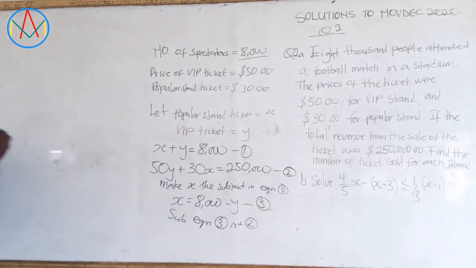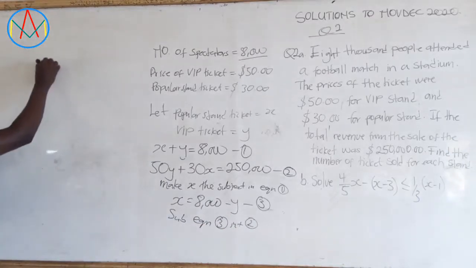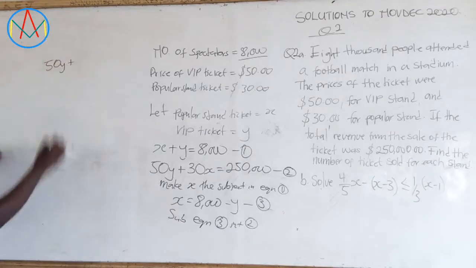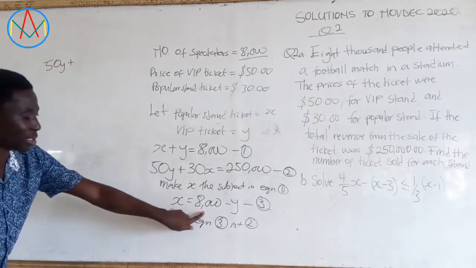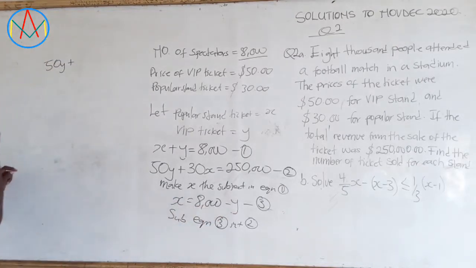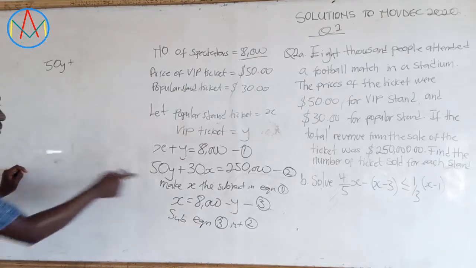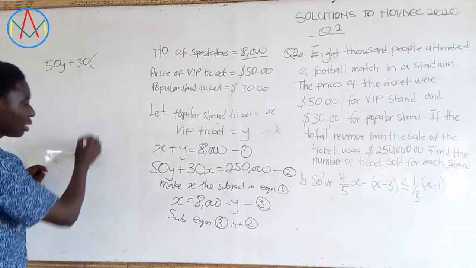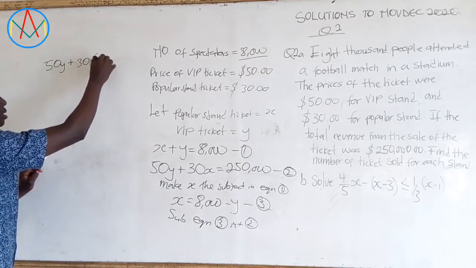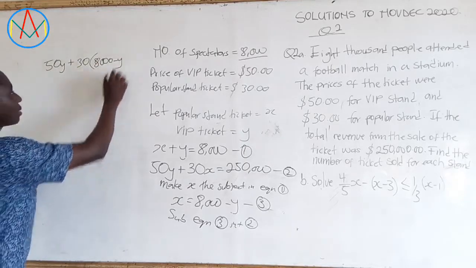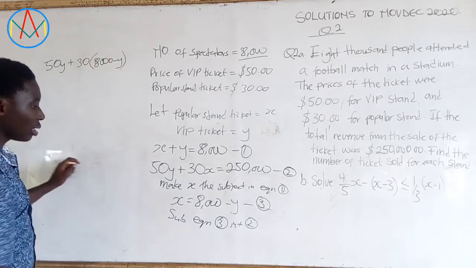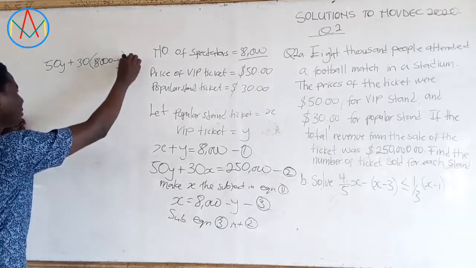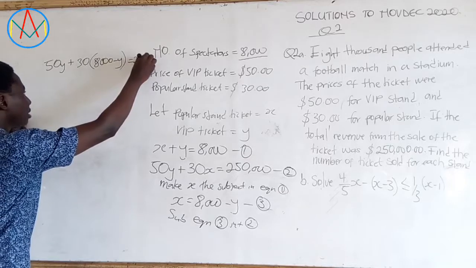So I'm going to get 50Y, and wherever I see X, I'll just replace it with 8,000 minus Y. So 50Y plus 30 into 8,000 minus Y equals 250,000.